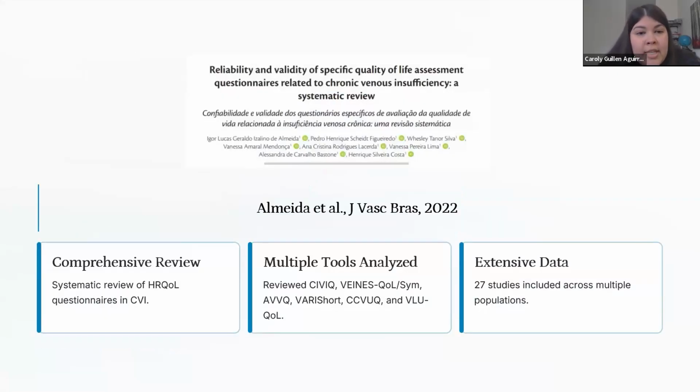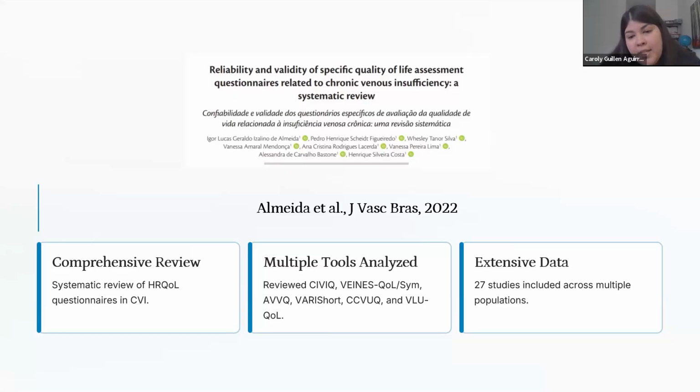So we have this study, the reliability and validity of a specific quality of life assessment questionnaire related to chronic venous insufficiency by Almeida et al. It is a comprehensive review of the health-related quality of life questionnaires in chronic venous insufficiency. Multiple tools were analyzed: the CIVIQ, VEINES, the Aberdeen, VEINES-QOL, CCVUQ, and VLU quality of life.